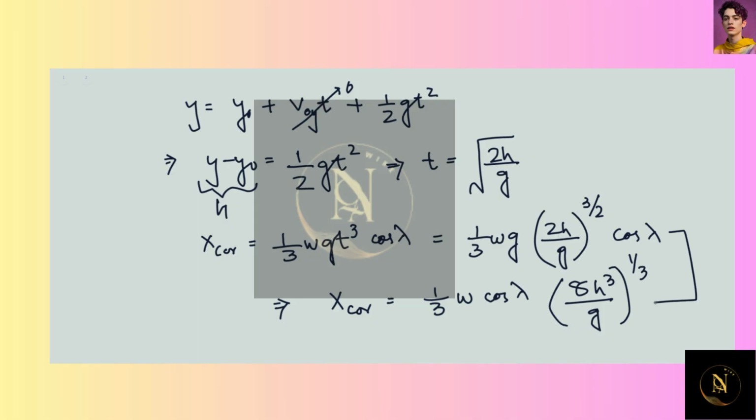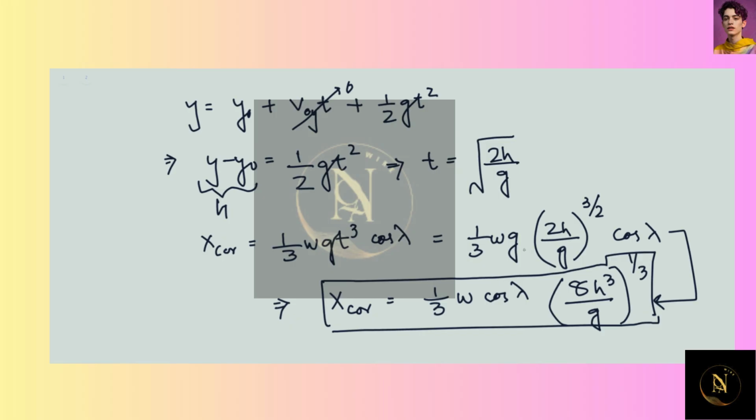This step is not necessary, so you can skip it and just plug in the values of h and lambda that we have. But I'm going to simplify this expression anyway, though you can also use the unsimplified expression and it will work out fine as well.